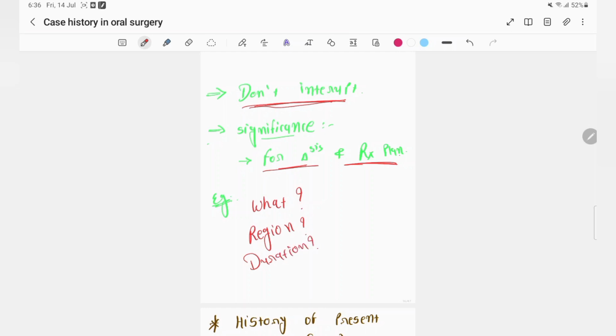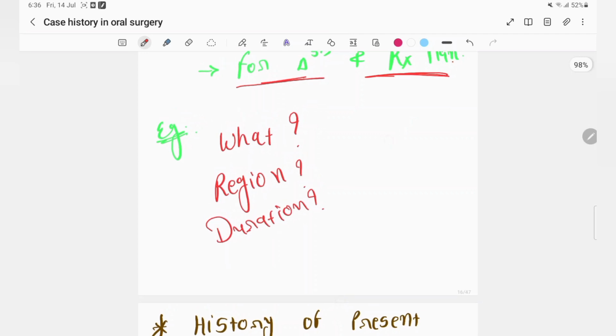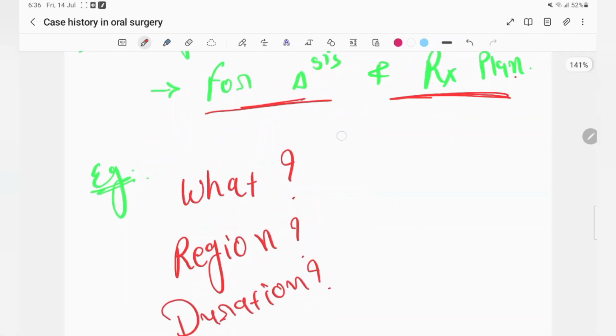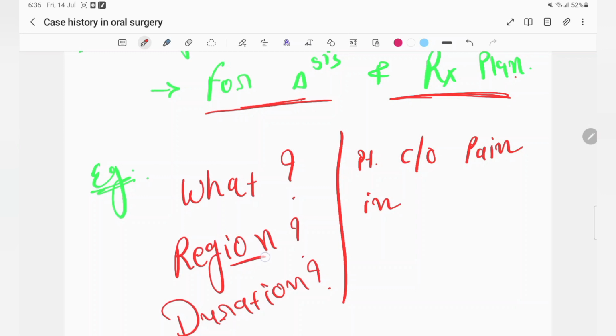Okay, so how will you write this? You have to write like this: patient complains of pain in, then region, right? First is what you are feeling, pain, then region. In lower, then you have to ask upper or lower, suppose the patient says lower.